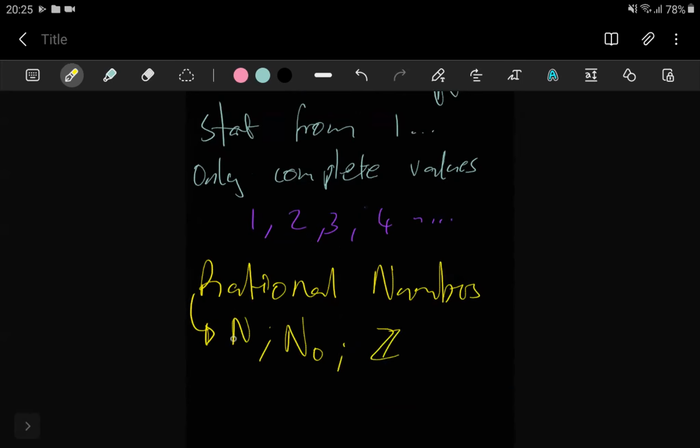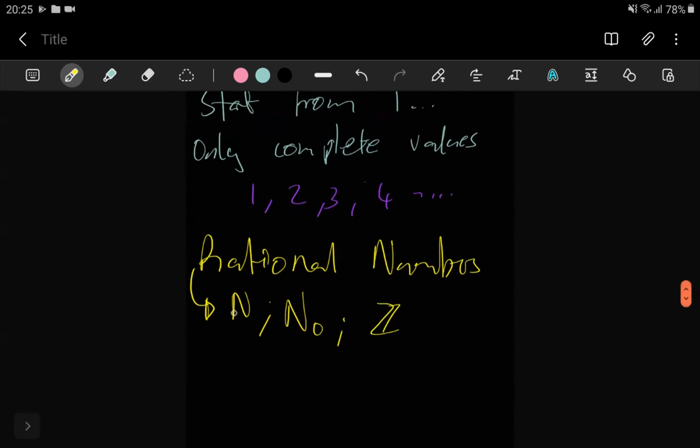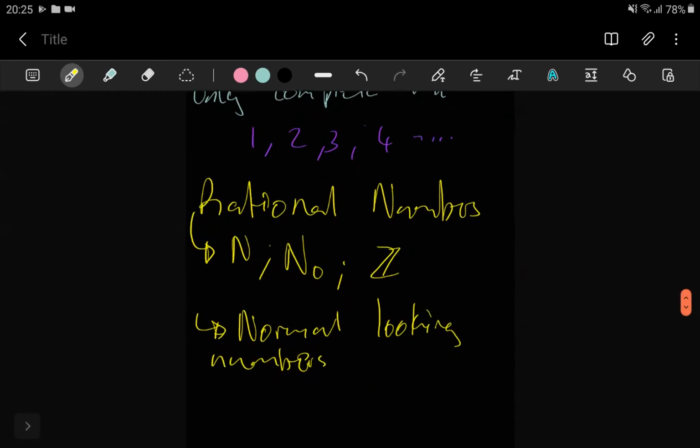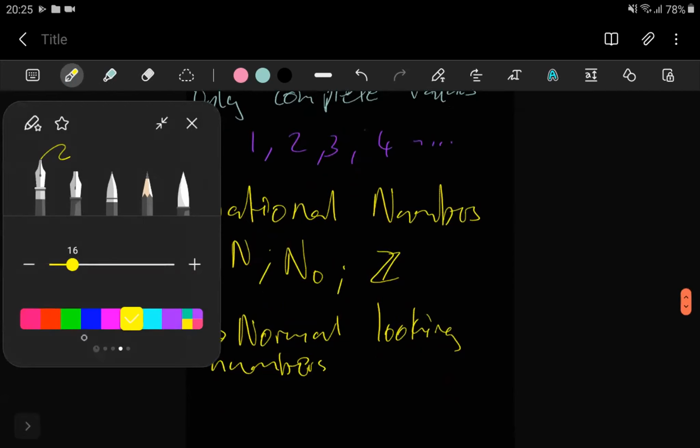All natural numbers are also rational. All whole numbers are also rational. All integers are also rational. In addition to these, another set of rational numbers is, let me make it in simple English, normal looking numbers, for lack of a fancy word, because we don't want to use any fancy descriptions.